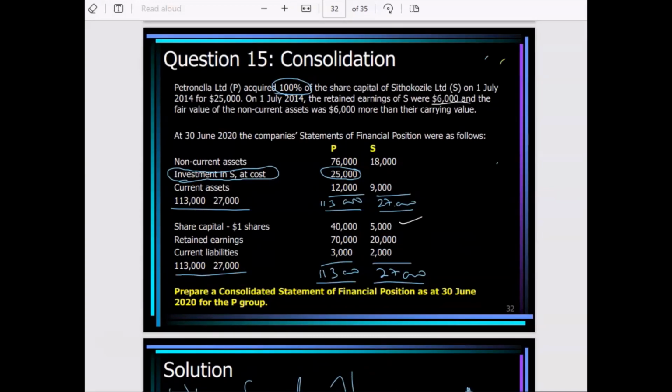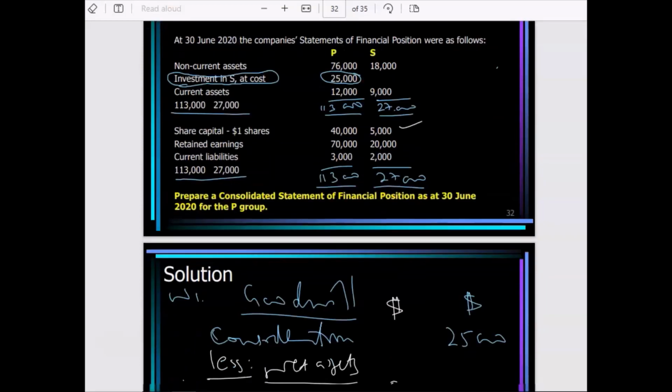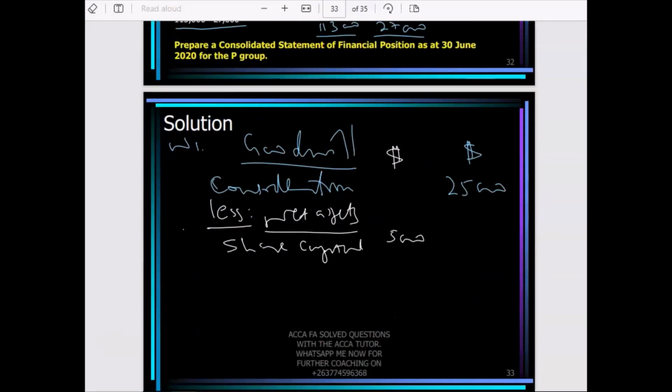According to the question, the retained earnings at acquisition, or we may call them pre-acquisition profits, were 6,000.